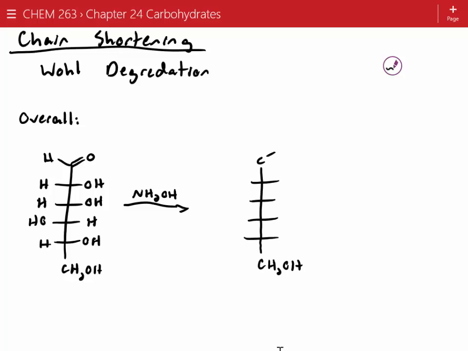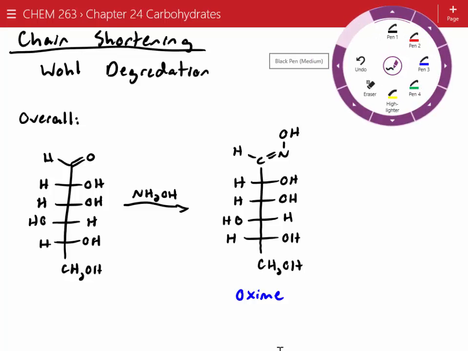So we'll get a carbon-nitrogen double bond, and then the nitrogen will have an alcohol coming off of it. If you remember back to those chapters, it's got a special name because it's got an alcohol group coming off of the imine. It's called an oxime.